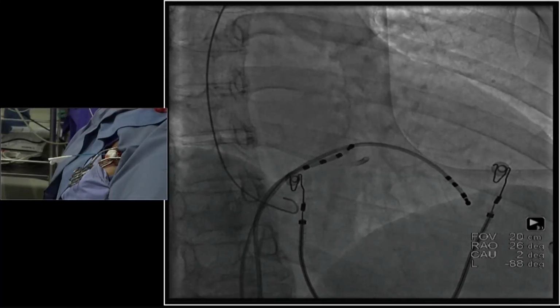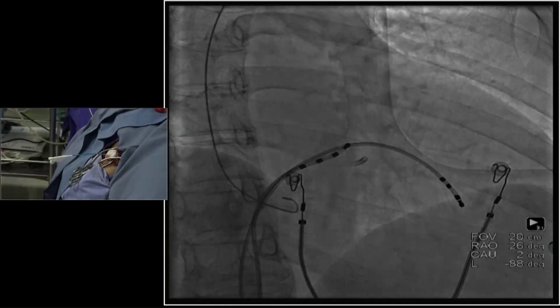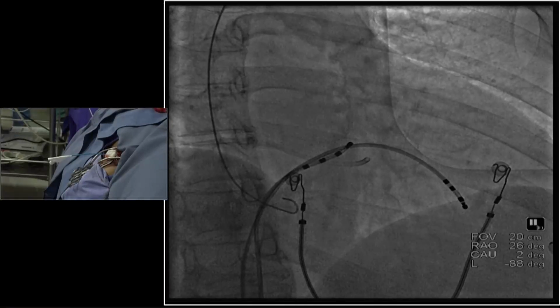For entering into the left bundle branch area from the right ventricle, you have to start from some part of the proximal interventricular septum. So where is the target area? For identifying the target area, there are both anatomical as well as electrocardiographic landmarks. Anatomically, you have to draw an imaginary line connecting the distal His to the RV apex.